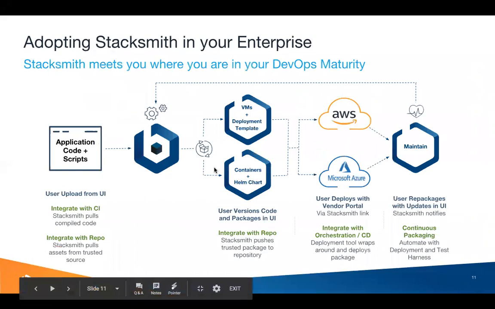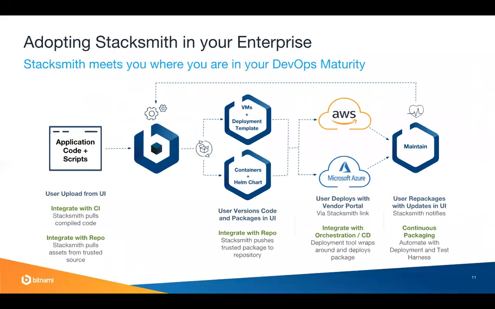There is a REST API into everything that I've shown you today in the UI. We practice API first development here at Bitnami for Stacksmith, and that allows us to make these features and capabilities available programmatically as well. So for example, rather than uploading your code directly through the Stacksmith interface, Stacksmith could simply pull that from your CI tool, a compiled code file from your CI tool. Similarly, we could push that to your asset repositories as well.